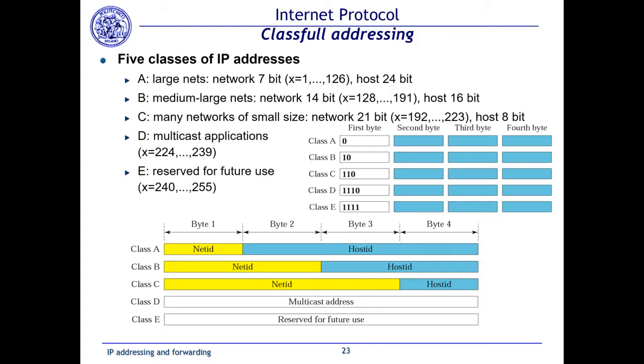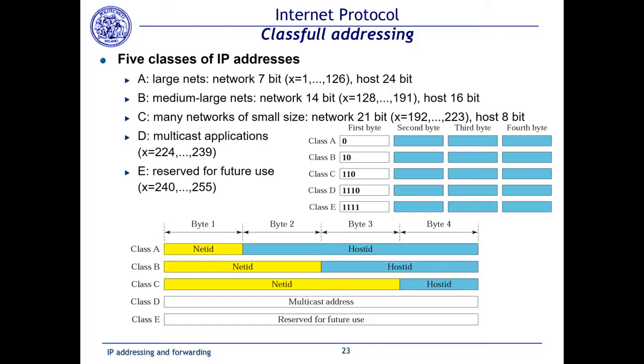So in order to identify the class in the classful addressing system, the router looks at the values of the first bits. If the first bit is 0, it's class A. If the first 2 bits are 10, it's class B, and so on.